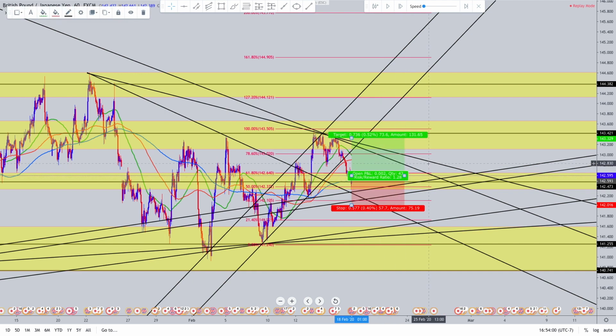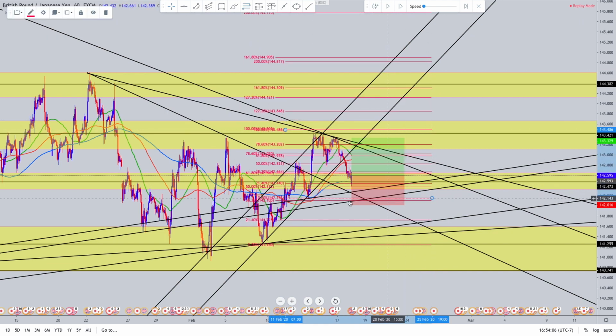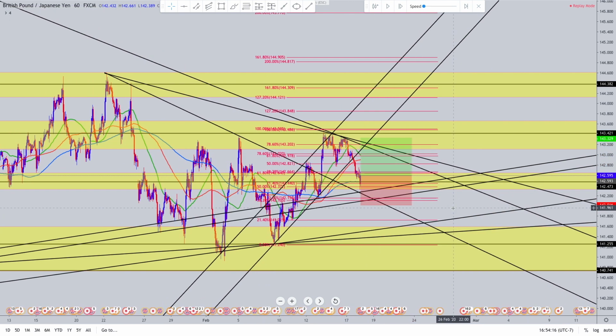So let's just draw a fib out to this little low here on the 1 hour, and it seems to be rejecting off this 21.4 as well, so another little confluence.